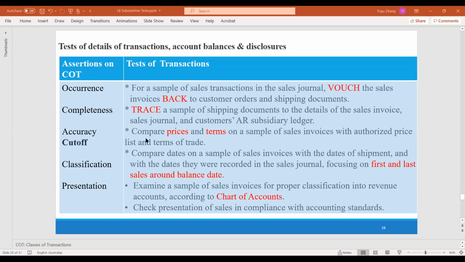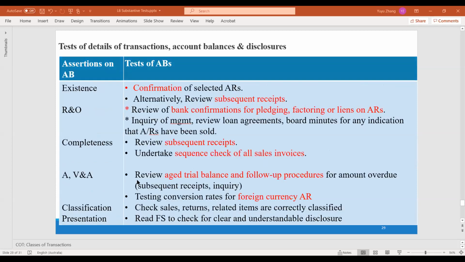Because in addition to the mathematical check, you also want to check the details of those underlying transaction documents. You also want to check the accuracy of the provision accounts. And you also want to review the trial balance and the follow-up procedures. Without those necessary steps, you get correct steps for the test, but you didn't get sufficient evidence for this assertion.